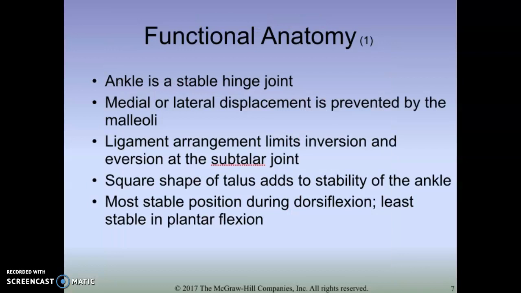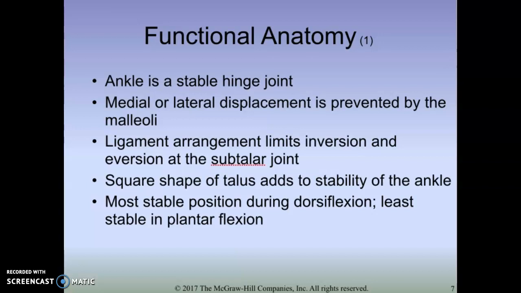Okay, so that's our anatomy. Something we want to know is that the ankle is a very stable joint. The bony anatomy makes it that way, so dislocating the ankle is actually very difficult. Something else that we want to know is that the shape of the talus and the malleoli creates a mortise.